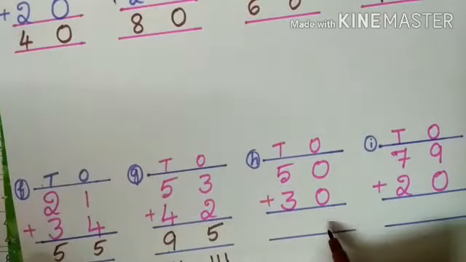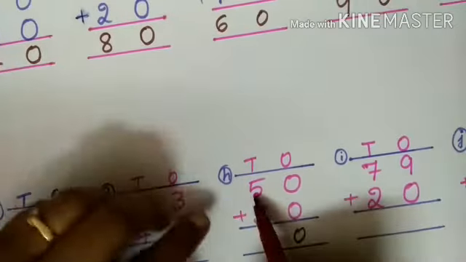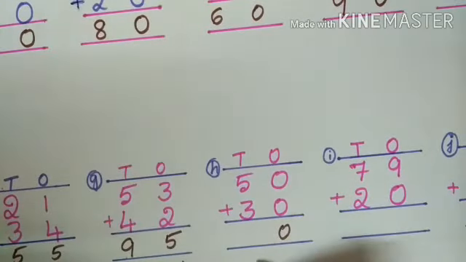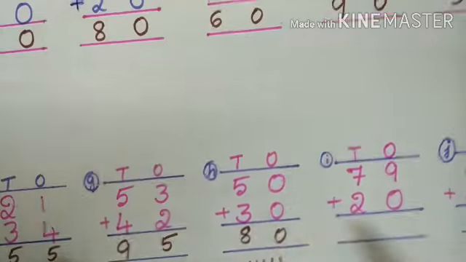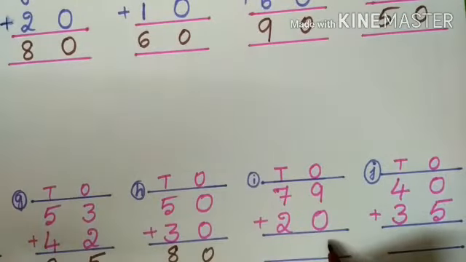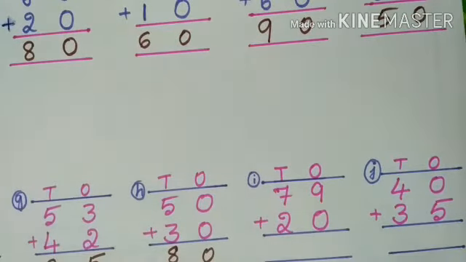Yes. 0 plus 0. 0 only. And right here 5. 1, 2, 3, 4, 5. And write 3 lines. 1, 2, 3. Now total lines are 1, 2, 3, 4, 5, 6, 7, 8. Right here 8. Here 9 plus 0. 9 plus 0 means I have 9 pencils.